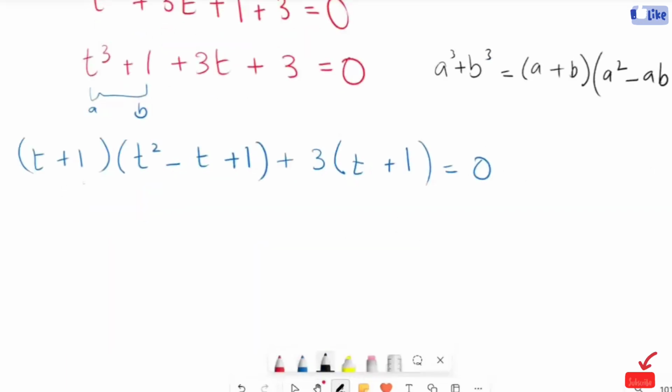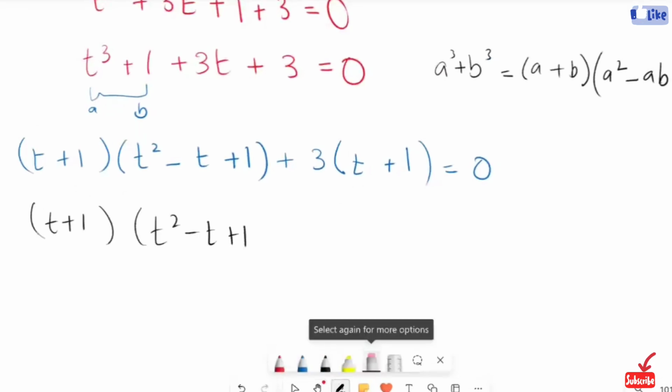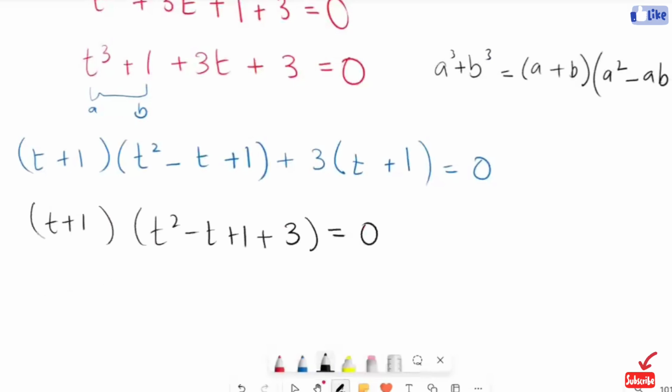From here we're going to take the common of t + 1. Notice we have (t² − t + 1 + 3) = 0. Going to simplify it further: (t + 1)(t² − t + 4) = 0.